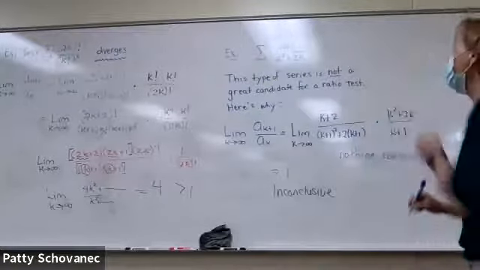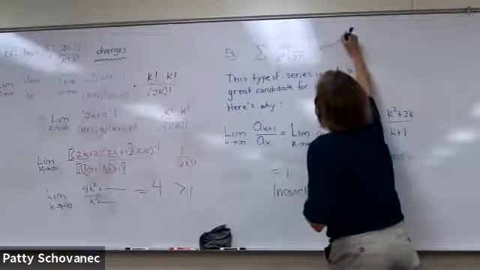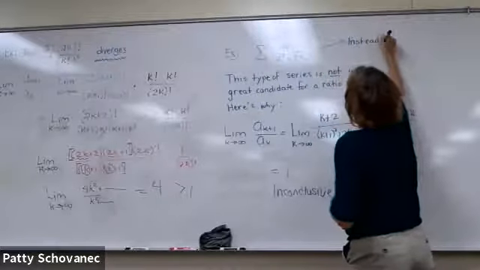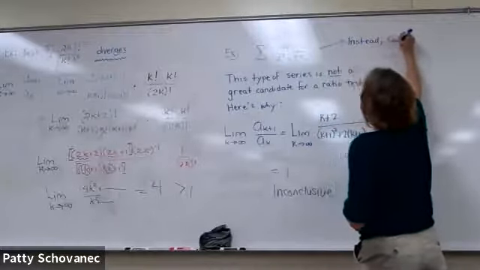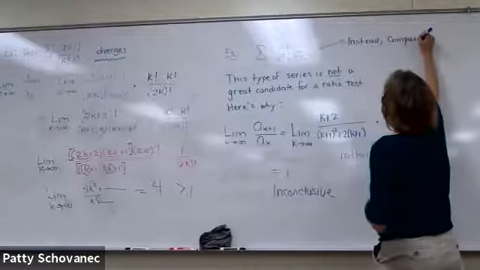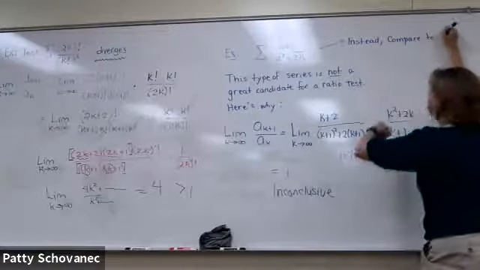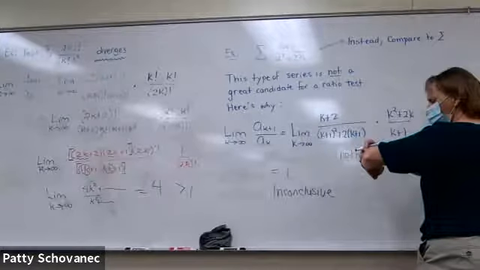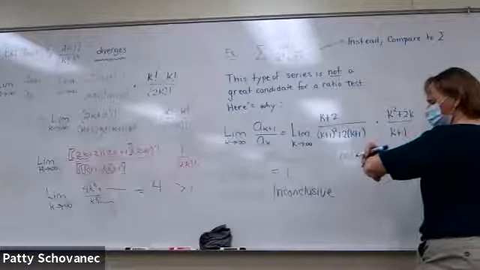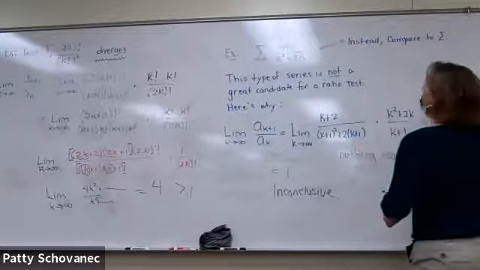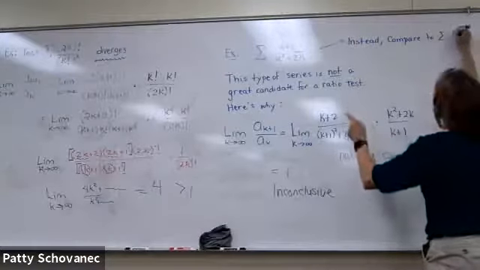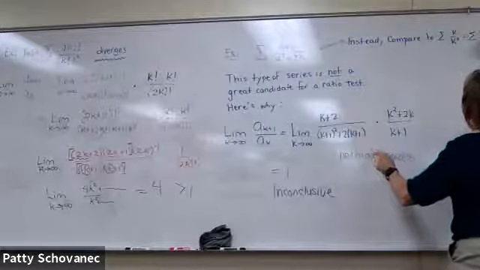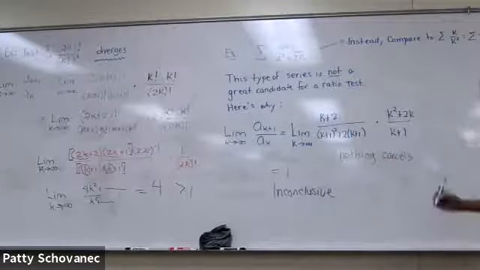Instead, compared to k over k squared, which is a divergent p series.